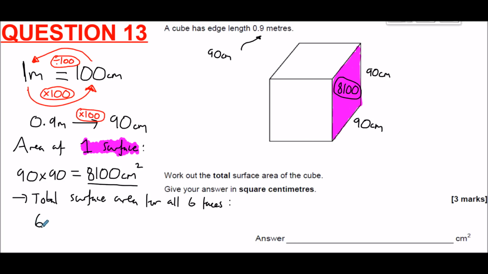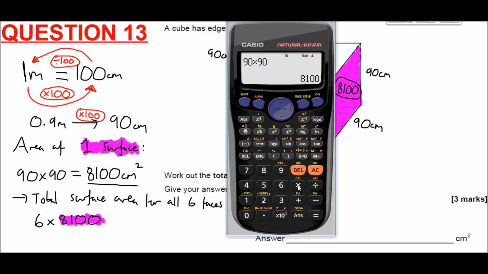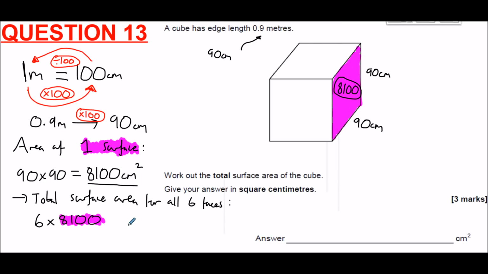That'll be 6 multiplied by 8,100, because a cube has 6 faces, in the same way a dice has 6 sides. So finally, if we do 6 multiplied by 8,100, we should get our final answer. So 8,100, multiply that figure by 6, we'd get 48,600 centimeters squared. And that's our final answer.